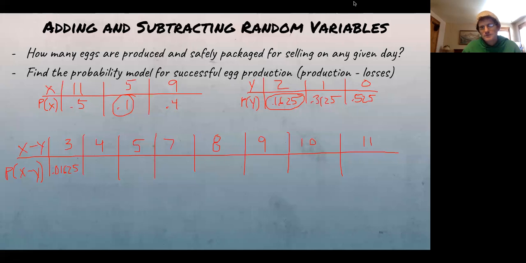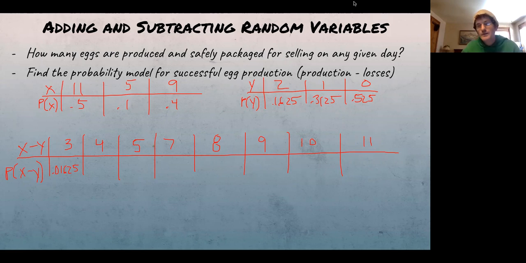Well, let's just do one more just to make sure, and maybe you don't need it. But let's just go up to the max. So 11 eggs. What's the probability of getting 11 eggs?